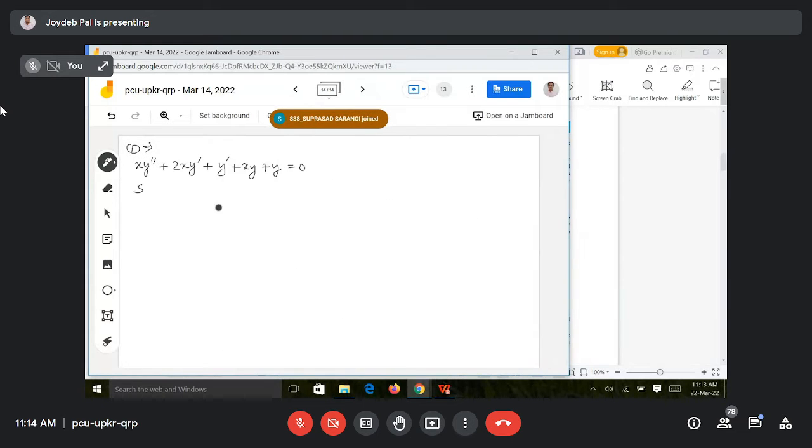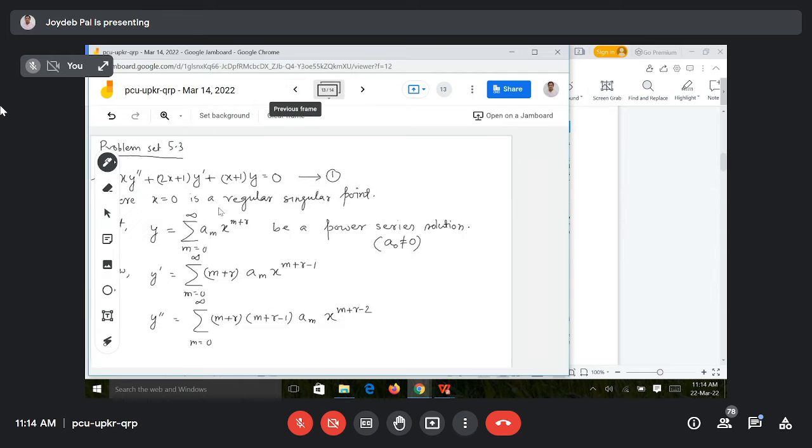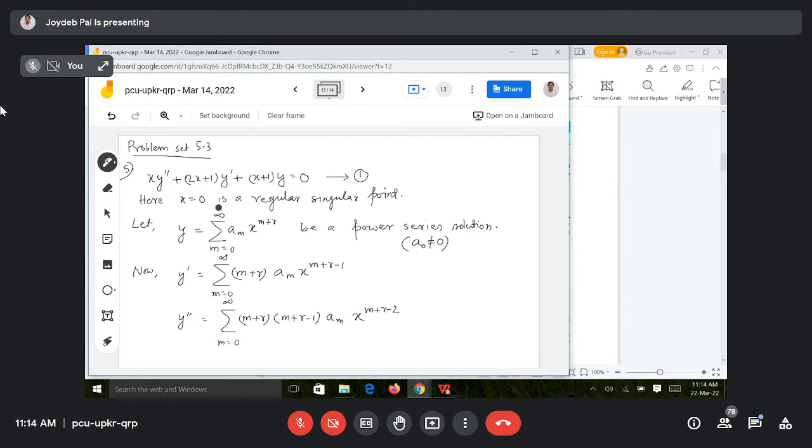Now substituting the series form for y dash and y double dash, we get, for x into y double dash: if you multiply y double dash by x, the power of x will change only, right?